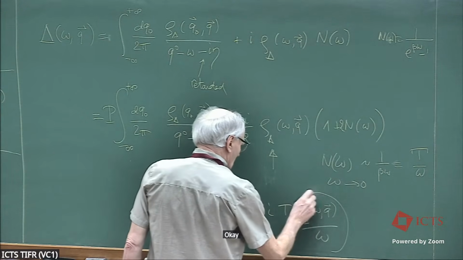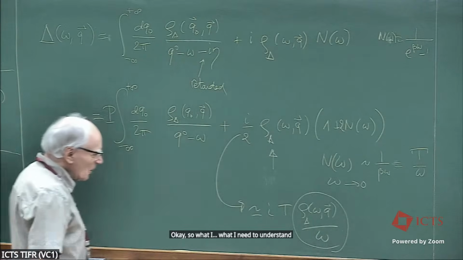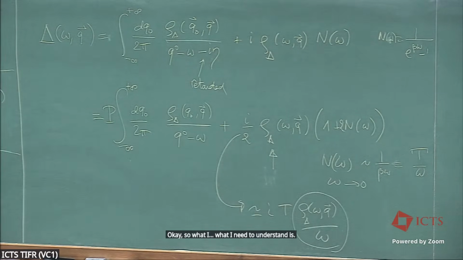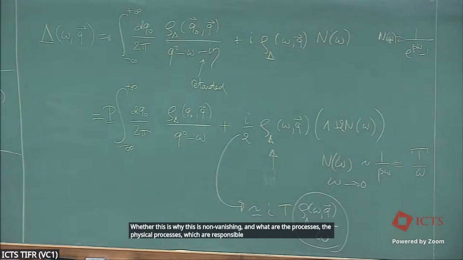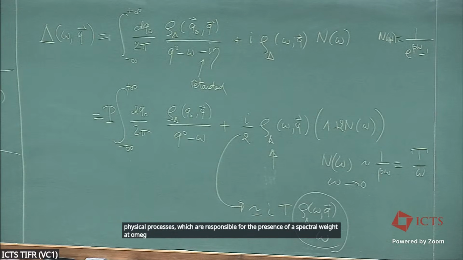Okay? So what I need to understand is why this is non-vanishing, and what are the physical processes which are responsible for the presence of a spectral weight at omega equal to 0.